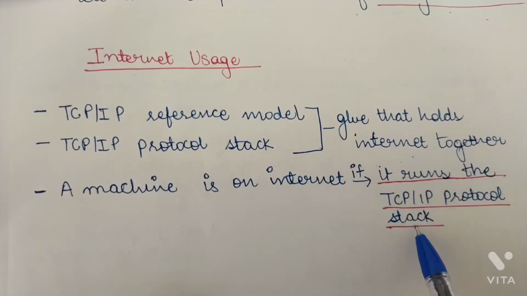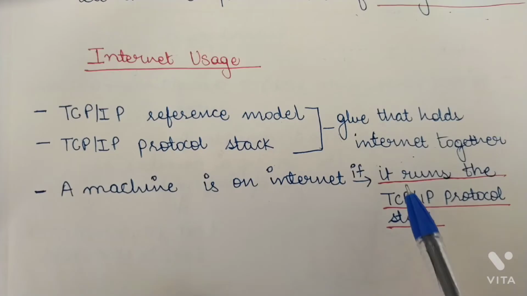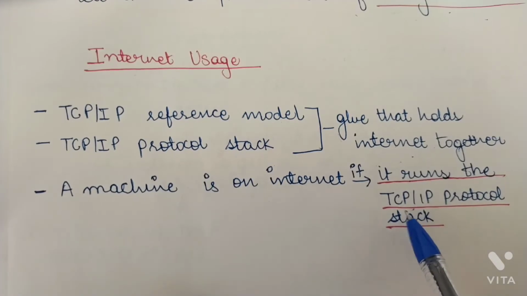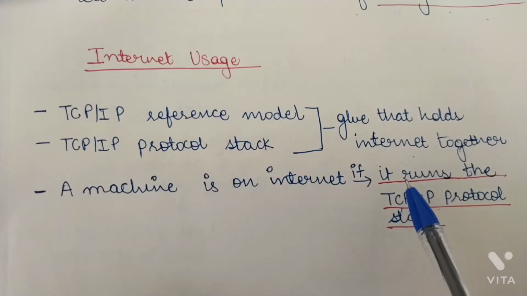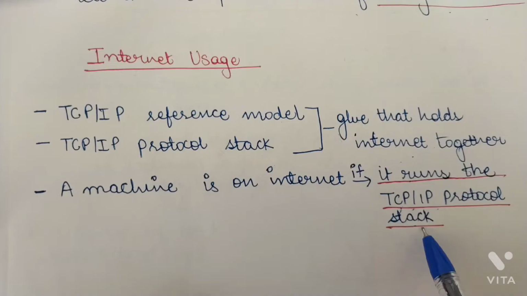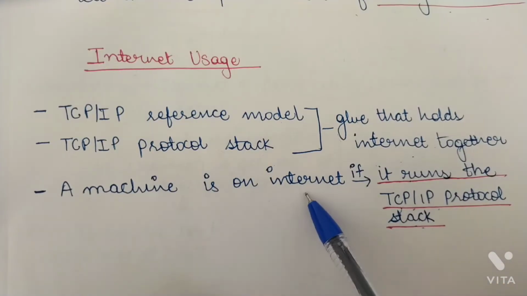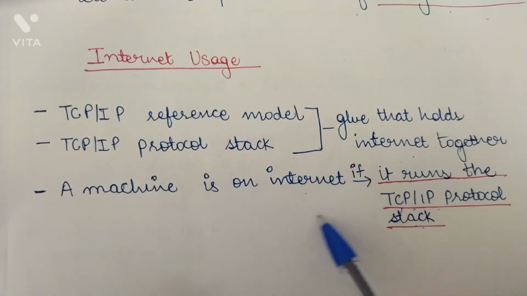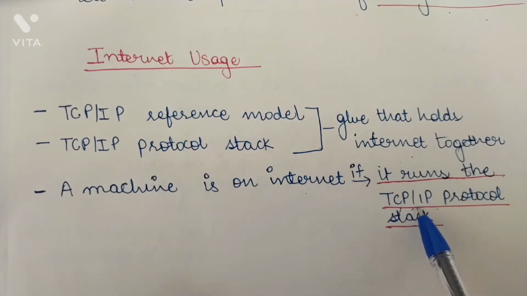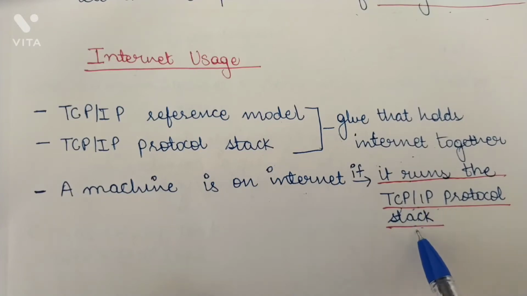It may use any reference model, but the protocol stack that it must use is the TCP/IP protocol stack. So if a machine runs the TCP/IP protocol stack, then it can be considered to be on internet. So every network, or the internet that we call worldwide, uses which protocol stack? The TCP/IP protocol stack.